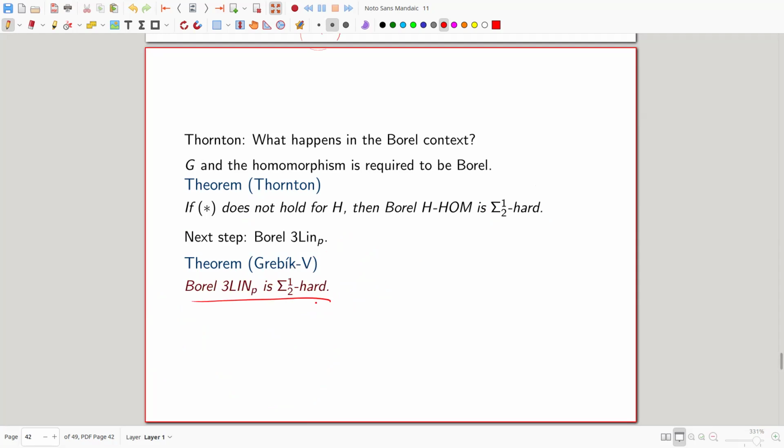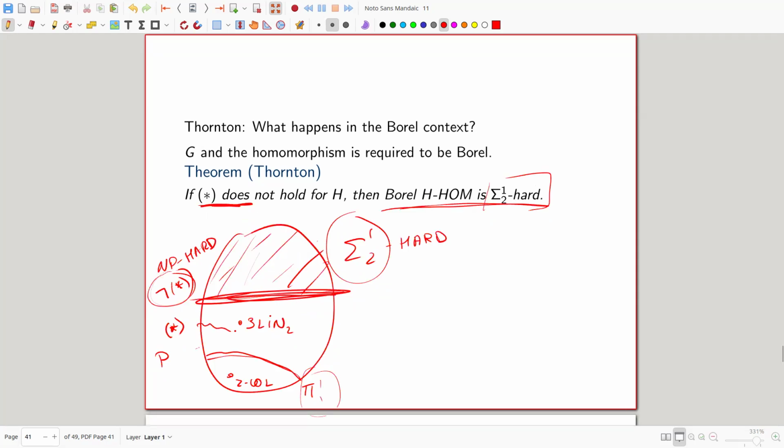So already in the Borel case, the separation is at some different place. Hard problems are going to be over there. Systems of linear equations are already very hard to solve in the Borel context. This sort of means something like, even somewhat formally, you can say that having a Borel algorithm is some sort of parallelizable thing.